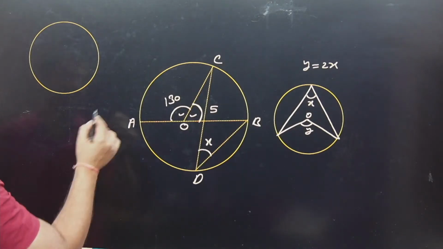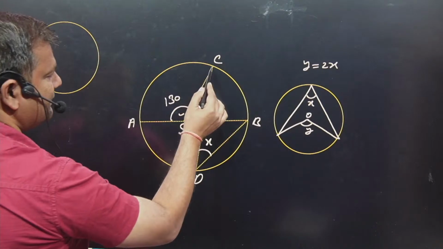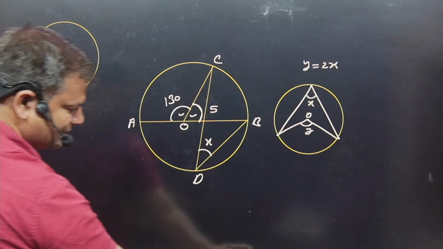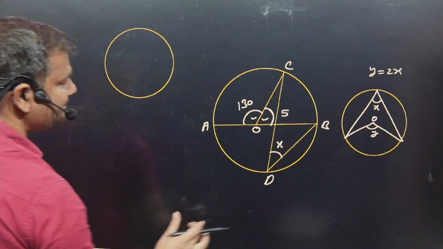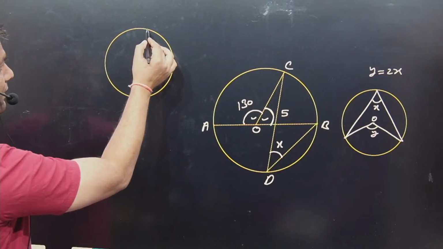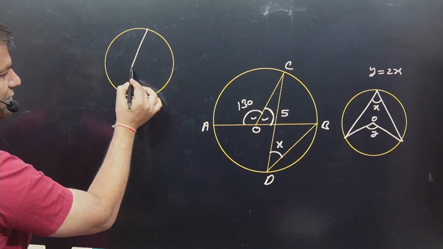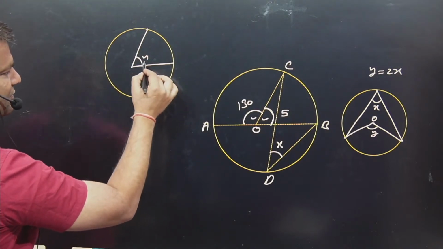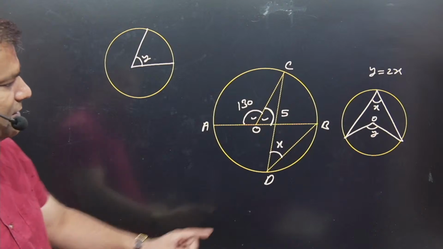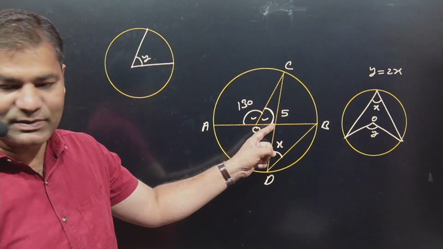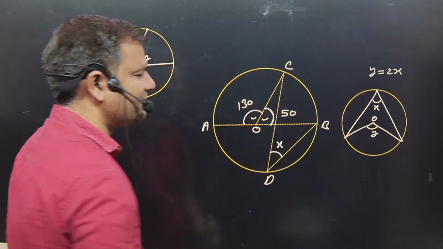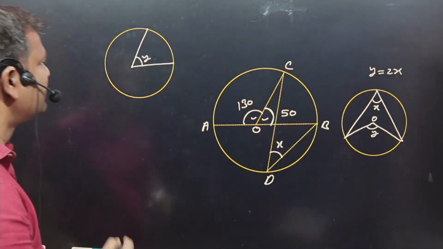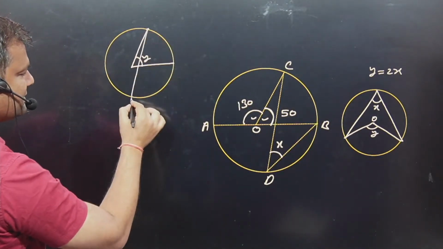Now here AOB, COB. Suppose that is Y, because we got basically 50 degrees. Now after that CDB.